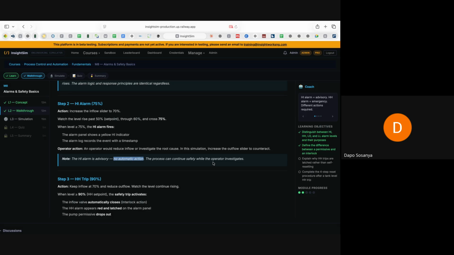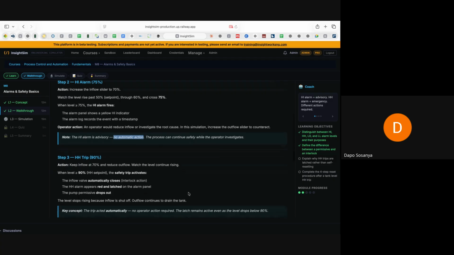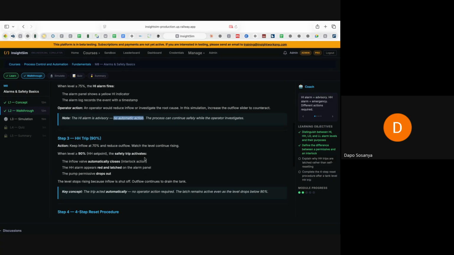The high alarm is just to inform the operator that the process is approaching the high-high alarm, which can lead to a process trip, right? Then the high-high trip: keep inflow at 70% and reduce outflow.